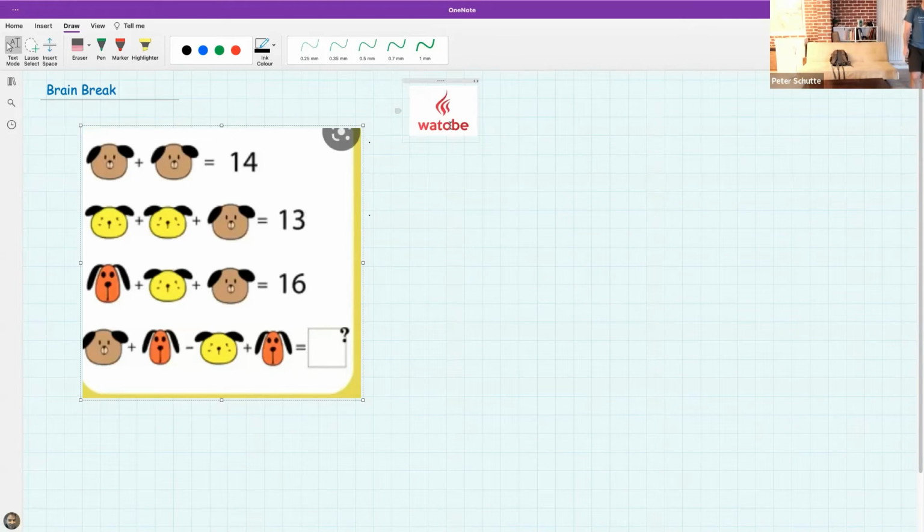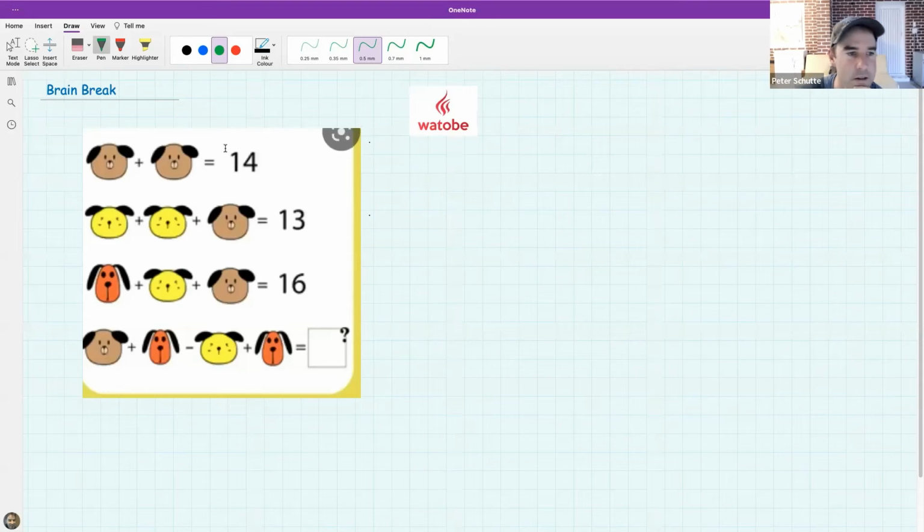I see you saying brown puppy is 7. And then someone said that a yellow puppy is 3. Okay, let's make sure. Yes, guys. 7 plus 7. They said yellow puppy is 3. 3 plus 3. Yeah, that's the only way we would get to 13, yeah. 13. So, and now what is brown or orange puppy? Orange puppy maybe ate something not so good.